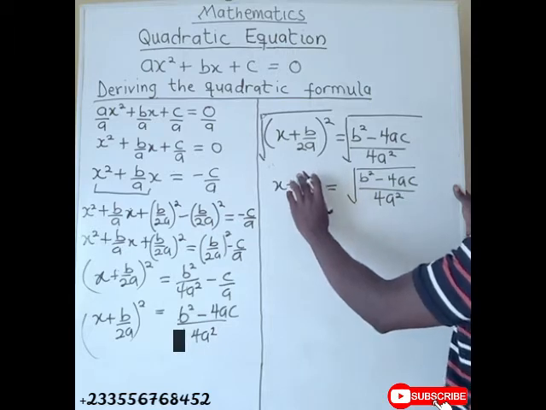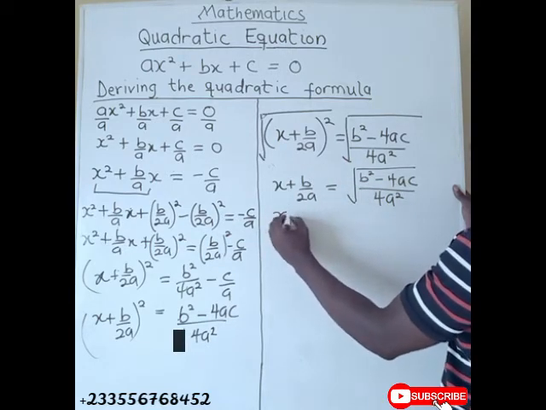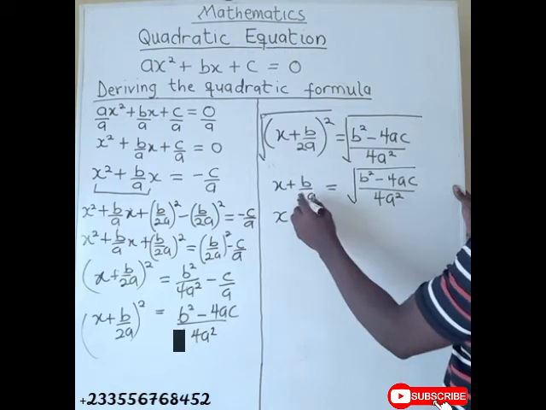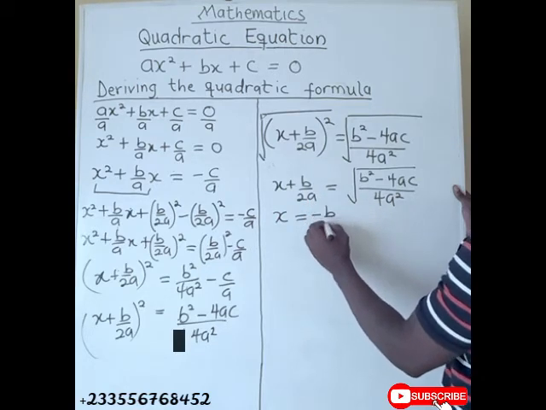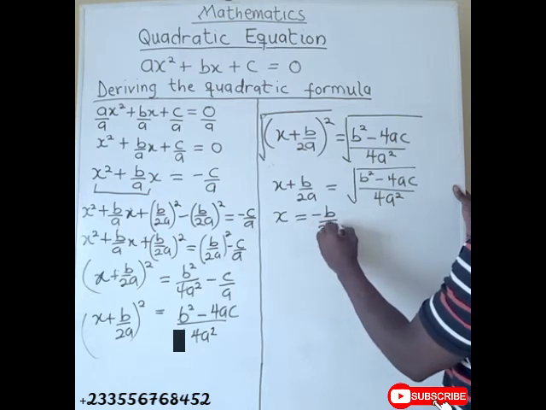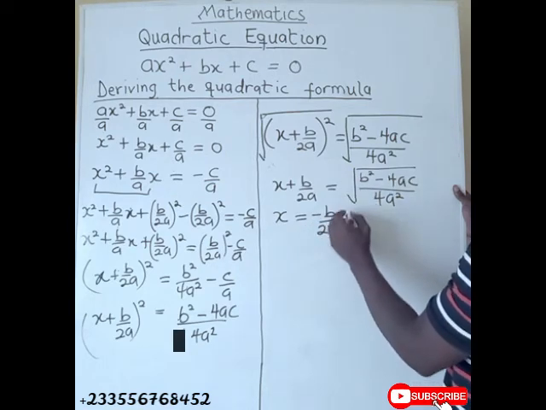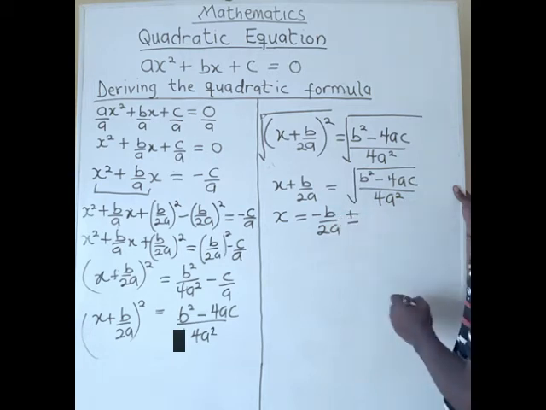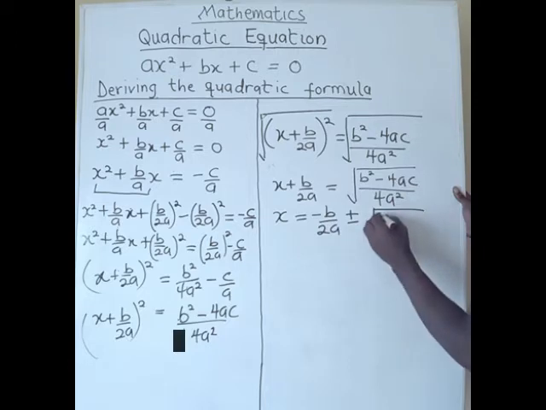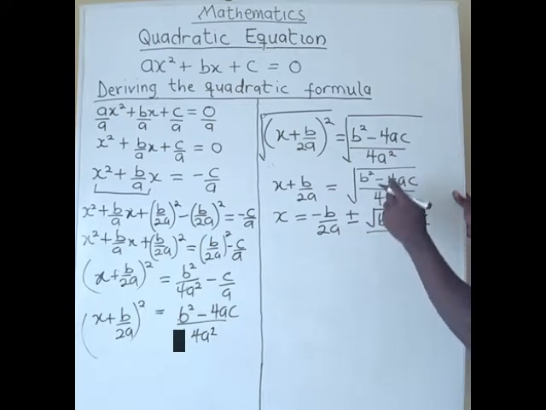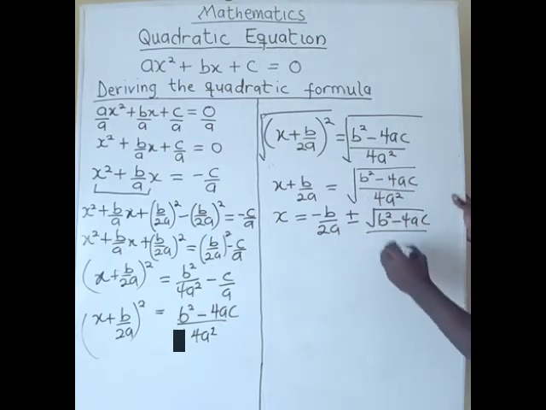So we bring this term to this side, which is negative. So the sign here, because it is a root, will be plus or minus the root of b squared minus 4ac, divided by the root of 4a squared, which is 2a.